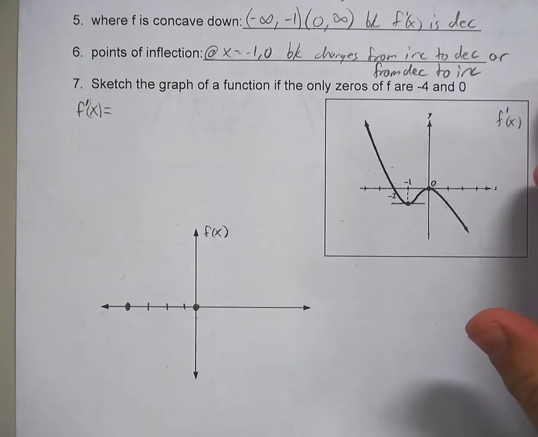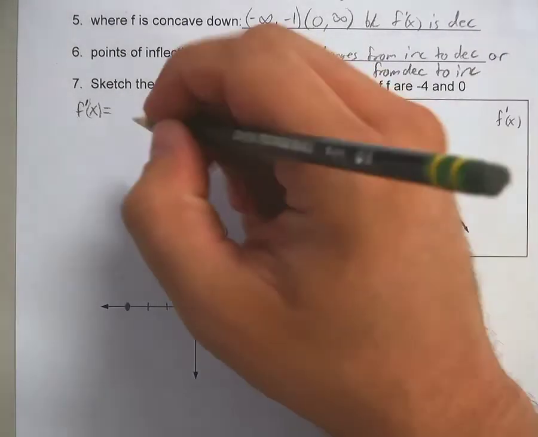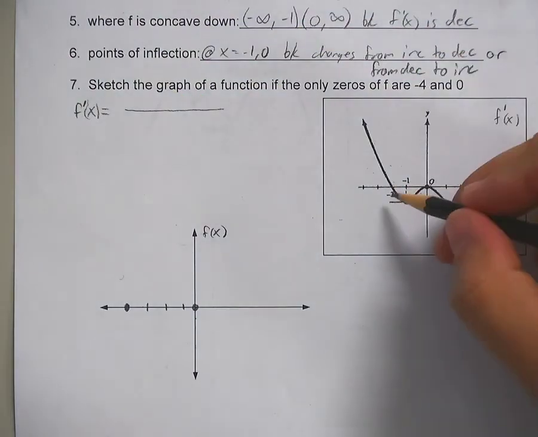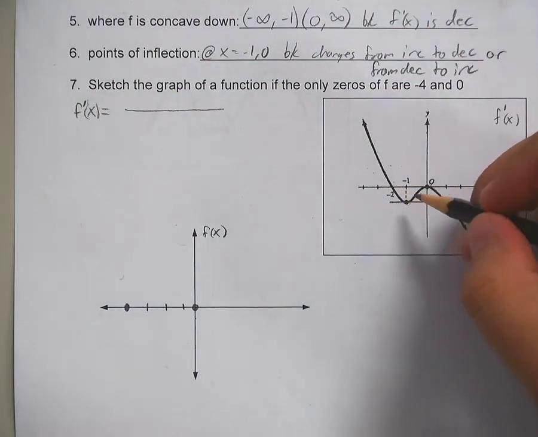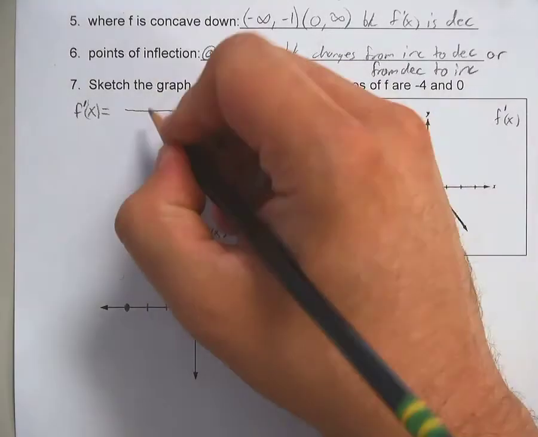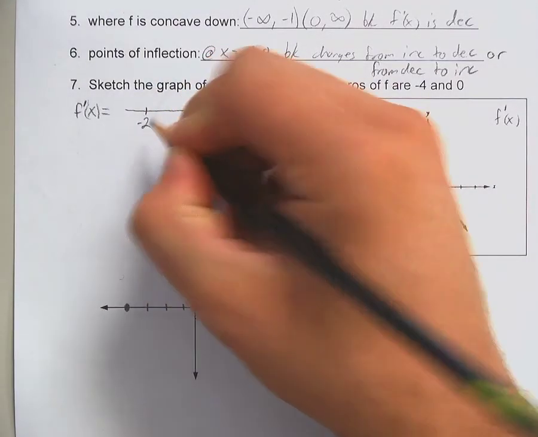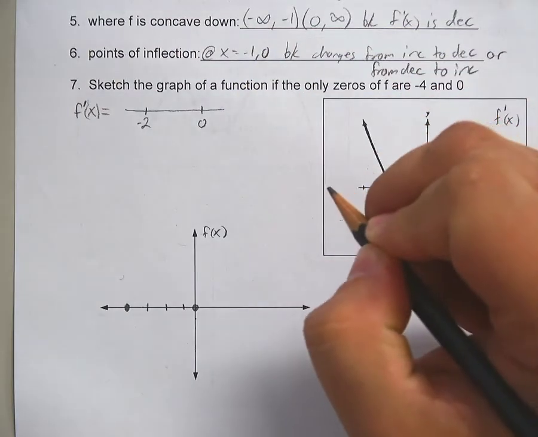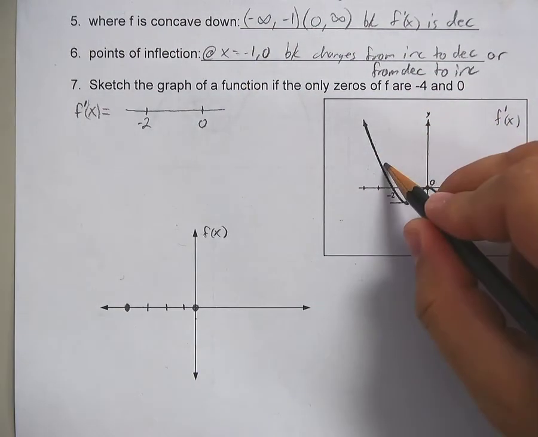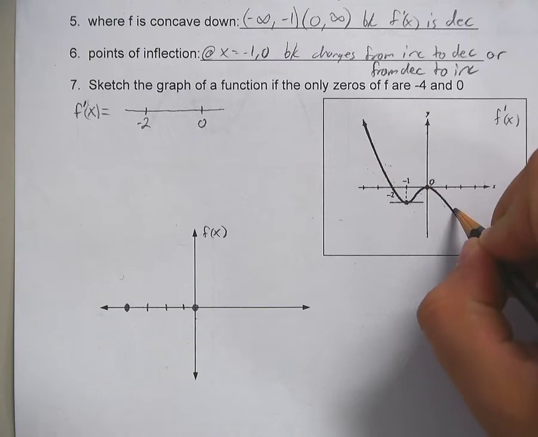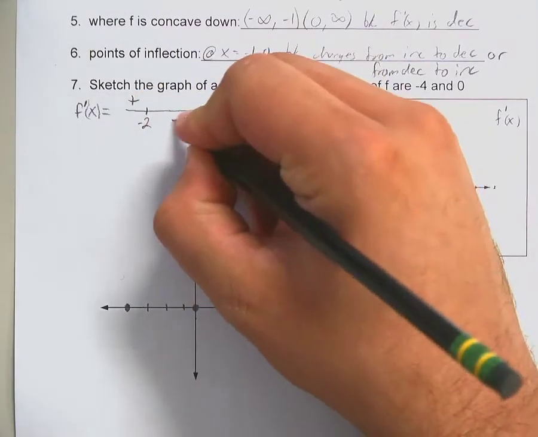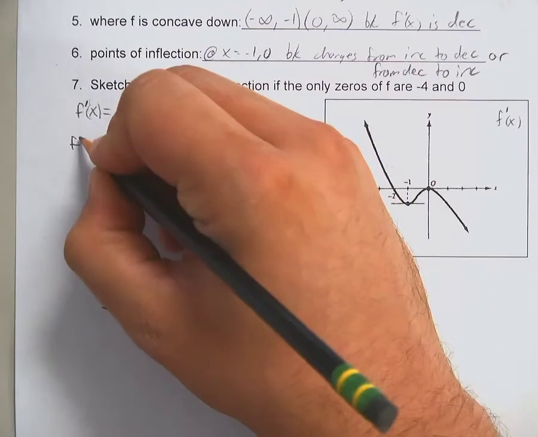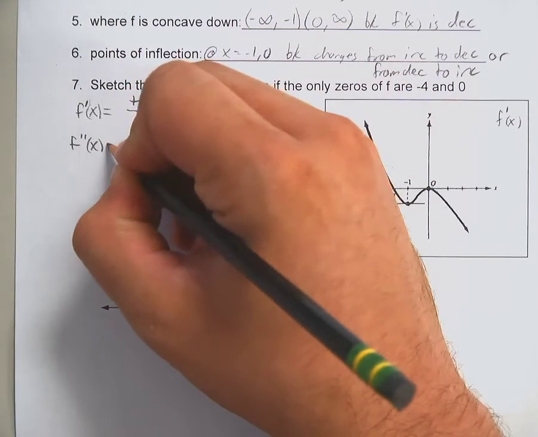So let's draw a sign analysis for f prime real quick. Let's see, so we have a couple of important points here, -2 and 0. And we go from positive to negative to negative. So positive, negative, negative. So f double prime, that one's pretty easy to do as well.